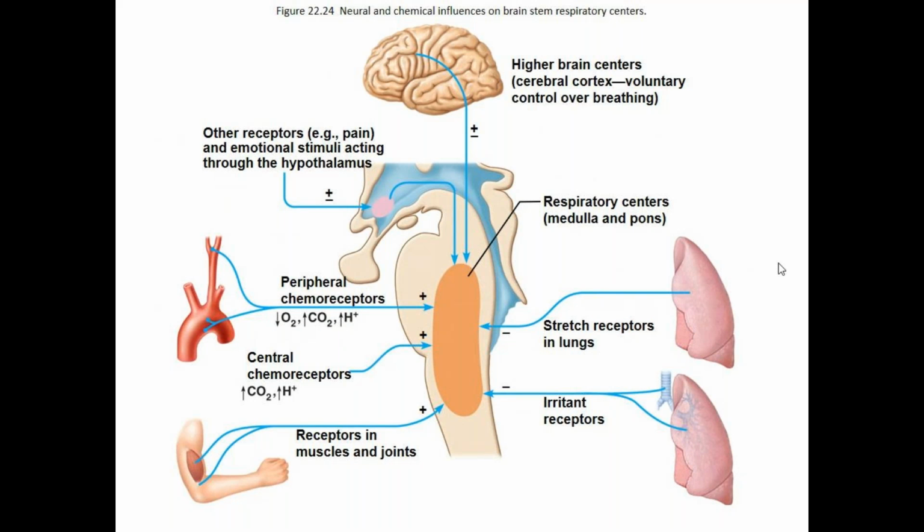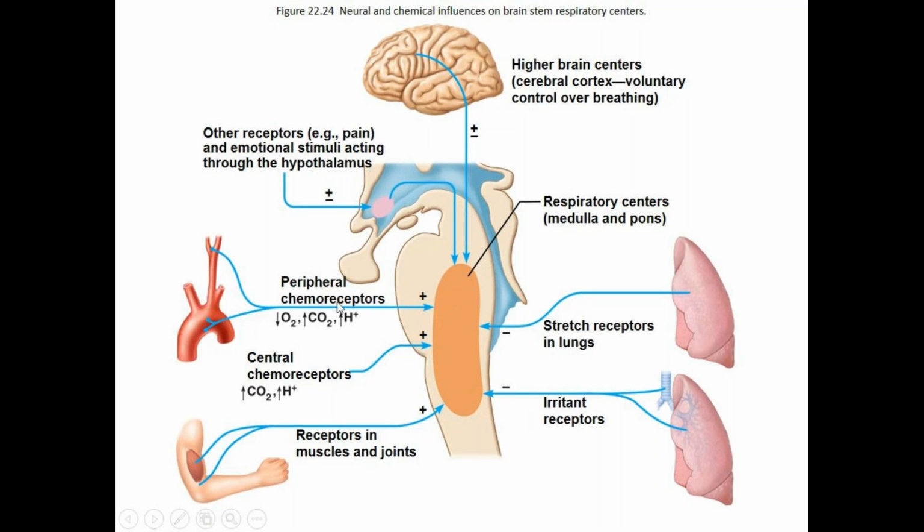So if we put all this together then, we've got Hering-Breuer here, our stretch receptors in our lungs, which will inhibit the respiratory centers, the pontine, the VRG, the DRG. You've got your irritant receptors here, again for your cough or your sneeze, doing the same basic thing, inhibiting this, causing you to exhale, or to stop inhaling, if nothing else. You've got chemoreceptors in the aorta, here in the carotid body, up here in the hypothalamus.